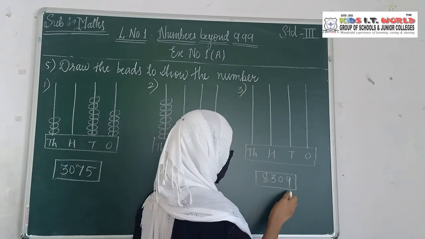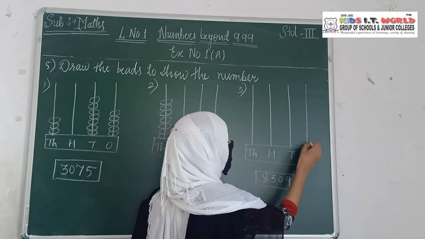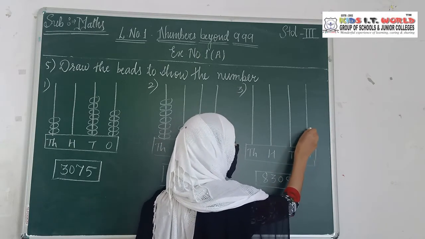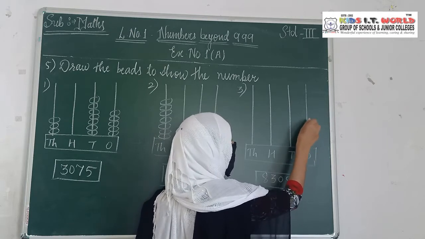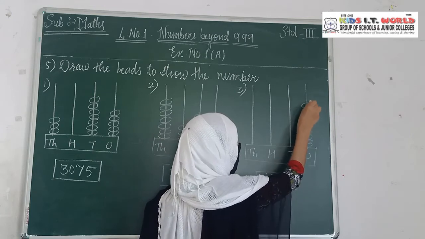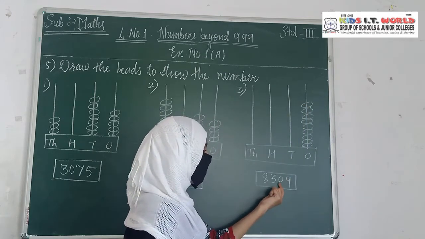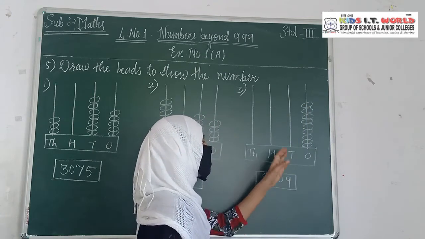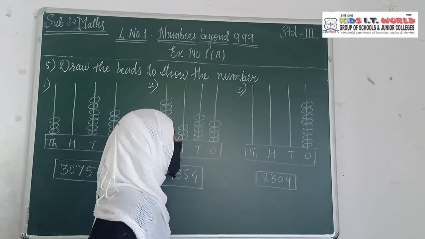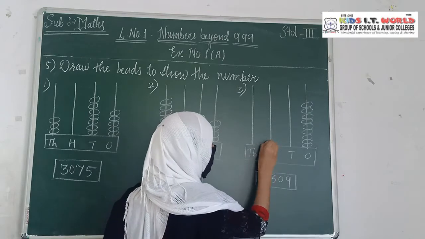Now the last example, we have to show 8309 on the abacus chart. Start with the ones. We have to draw 9 beads on the ones place. So it is 1, 2, 3, 4, 5, 6, 7, 8, 9. Now on the tens place we have a 0, so no need to draw anything here. Now on the hundreds place we have a 3, so we have to draw 3 beads here.